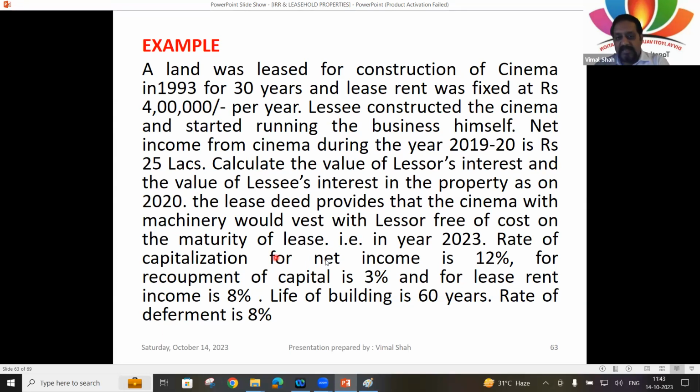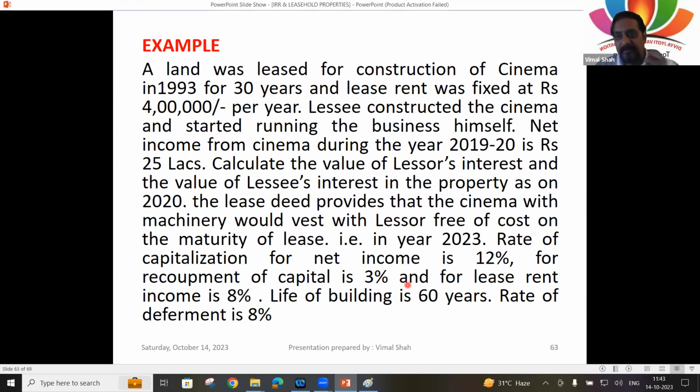The rate of capitalization for net income is 12%. For recoupment of capital is 3%. For lease rent income is 8%. Life of building is given 60 years and rate of deferment is given 8%. Now you have to calculate the interest of lessee in the property and interest of lessor in the property.